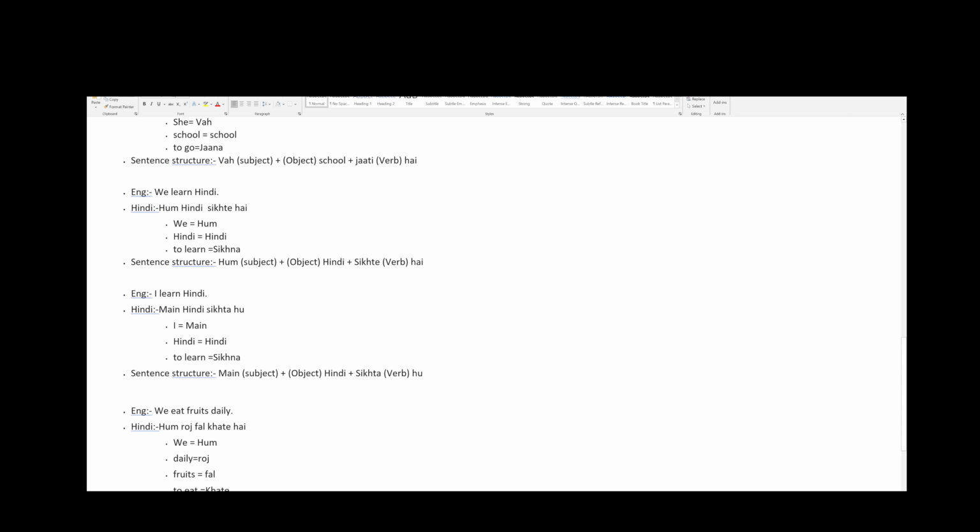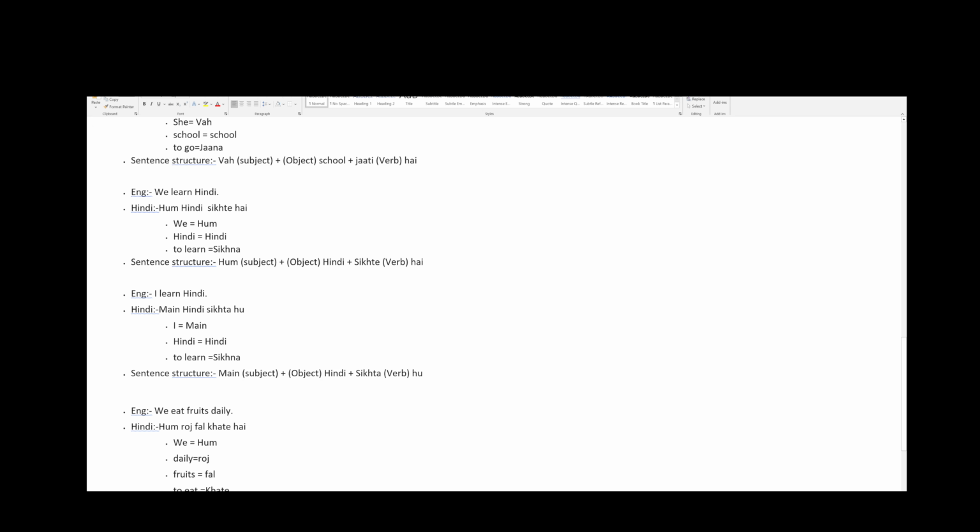So here if you see this sentence, speaker is male in this sentence. That's why सीखता हूँ. If speaker is female, that time sentence will be मैं हिंदी सीखती हूँ. ती हूँ at the end.